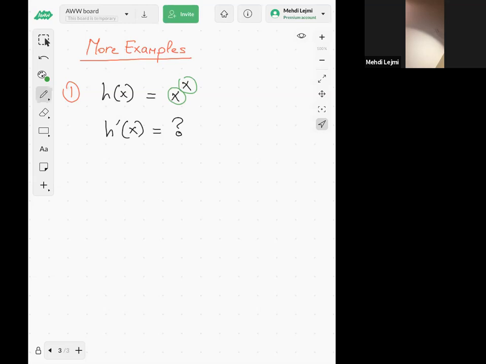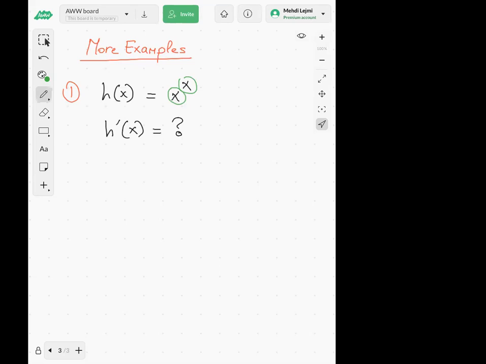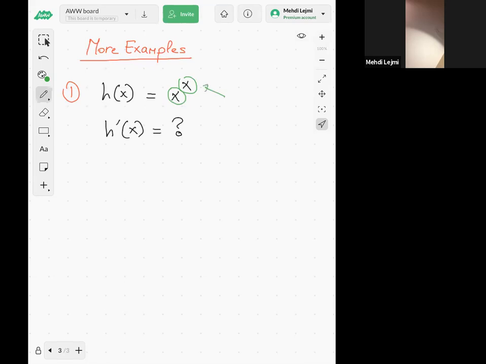So actually, we cannot apply the power rule, because x is also the exponent. So x is at the same time exponent.